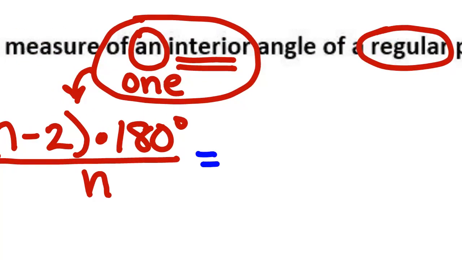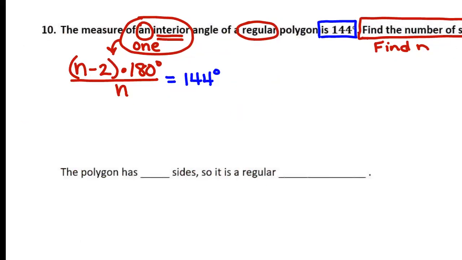So that is equal to 144 degrees. So we take the formula to find the measure of each, or 1, interior angle of a regular polygon. We set it equal to the number of degrees that that angle is. And now we're going to solve this for n.